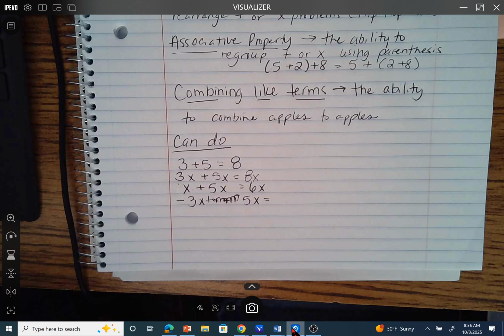And I'm going to put variables there too, because realistically it's all the terms. Anything that's going on inside the parentheses, whether it's numbers, letters, negatives, positives, fractions, decimals, whatever's inside those parentheses is what we need to multiply with.